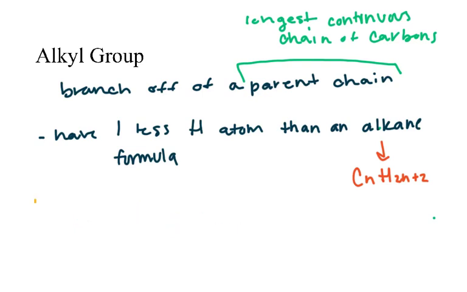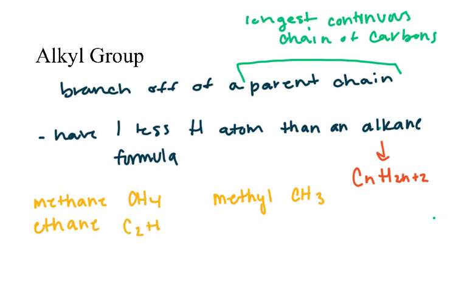So if we have our alkane methane, with CH4, our alkyl group is going to be methyl, and it's going to be CH3. Then we have ethane, which was C2H6. Our alkyl group is going to be ethyl, C2H5.